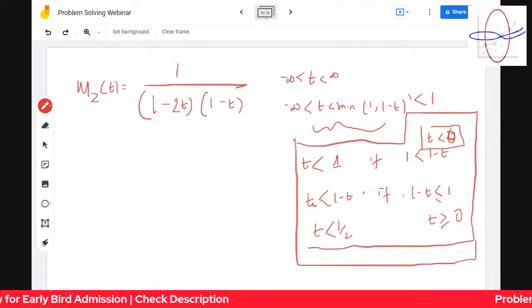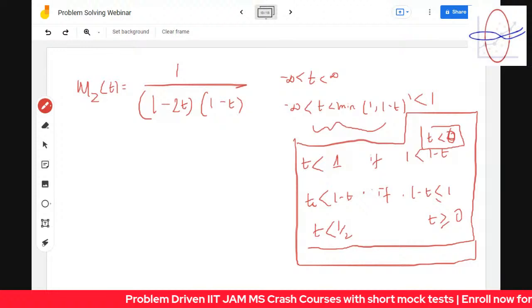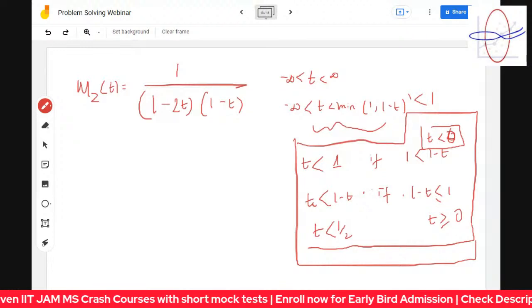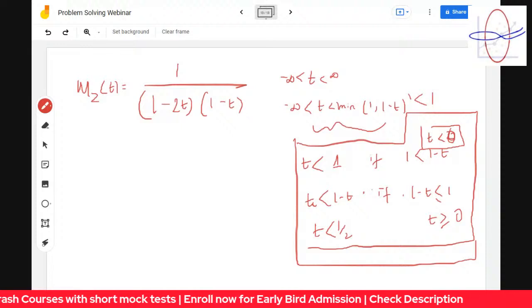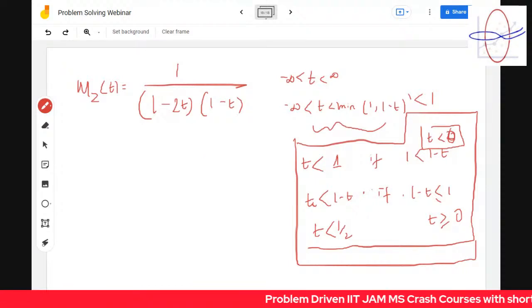Which PDF has this condition, that t must be less than something? So you have to find such conditions that t is less than something. T is less than 1, t is less than... so let me write down the list over here.